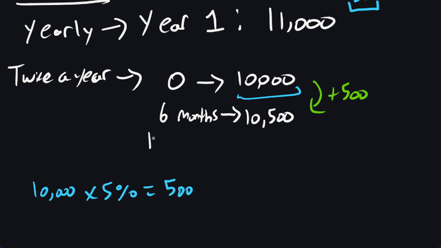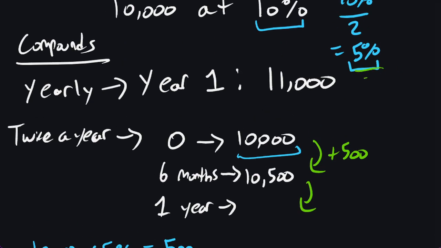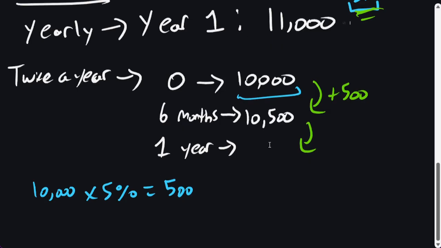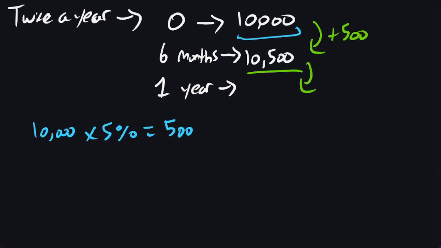Now, after 12 months, or 1 year, same thing. So another 6 months has passed. How much are we going to increase this time? Well, we're going to take 5% of this 10,500.